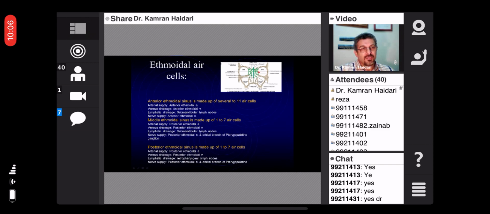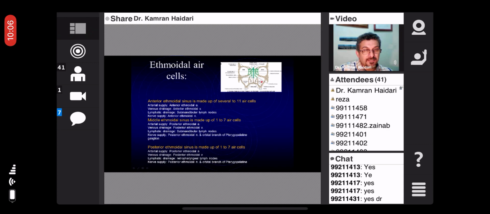This is the coronal section of the cranium, and some of the paranasal sinuses are obvious in this picture.